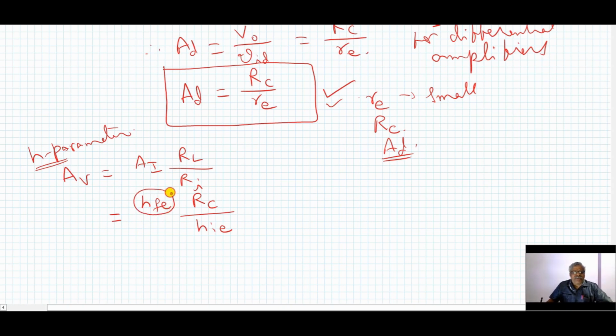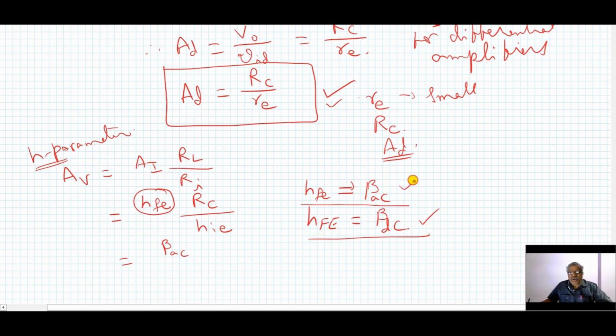What is this HFE? This is nothing but beta AC. So HFE in small letters is equal to beta AC. HFE in capital letters is nothing but beta DC. These notations are not wrong; both are correct.